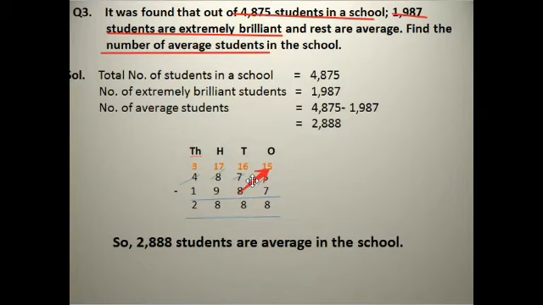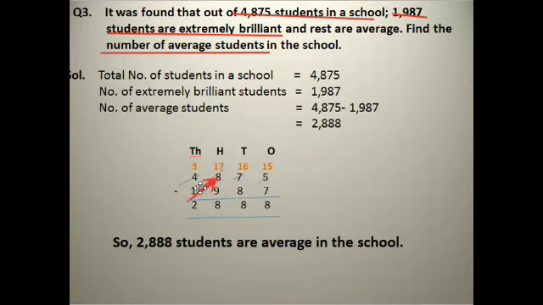Now we subtract 7 from 15 is 8 and 7 becomes 6. So we take away 1 from the hundreds place and 6 becomes 16. Now we subtract 8 from 16 is 8.